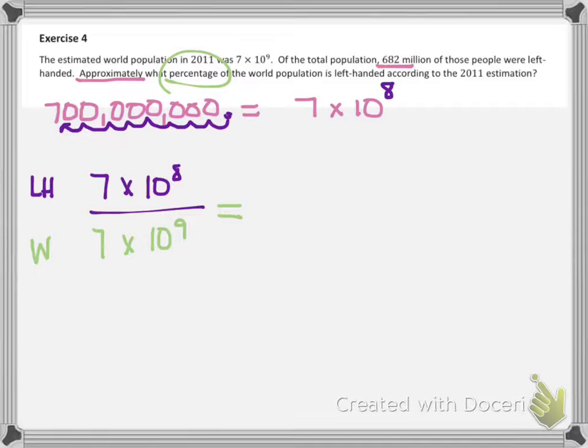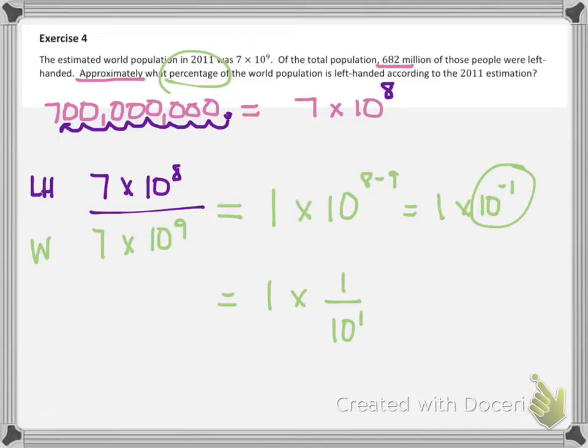7 divided by 7, well, that's 1. And then we've got times 10 to something. Well, I've got 8 minus 9. Well, that's equal to 1 times 10 to the negative 1. And then remember, a negative exponent we can write as the reciprocal, so that would be equal to 1 times 1 over 10 to the first power.